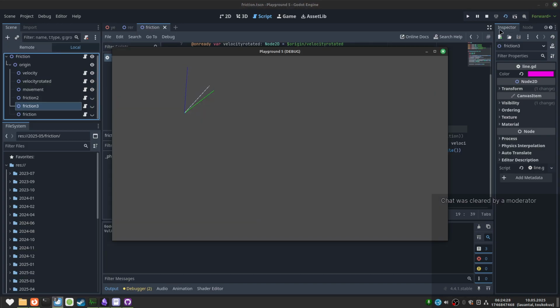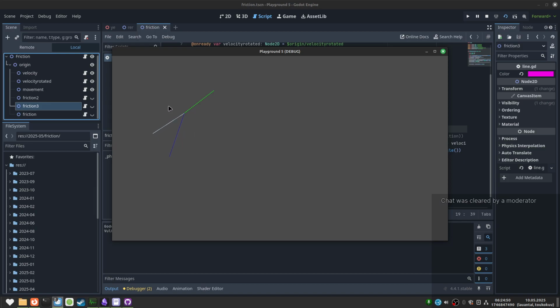I'm gonna start by making a velocity rotated, because this is what I use for getting the components that are pointing towards and away from the movement. It's very interesting.